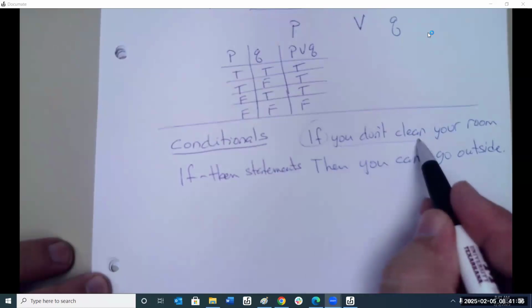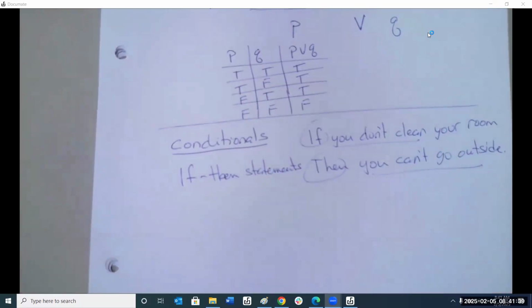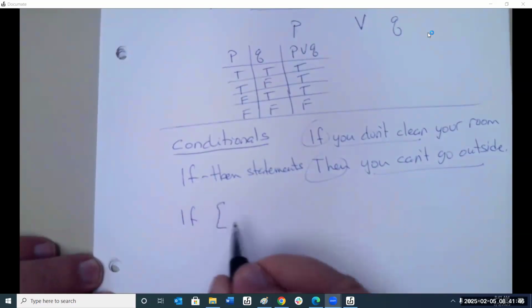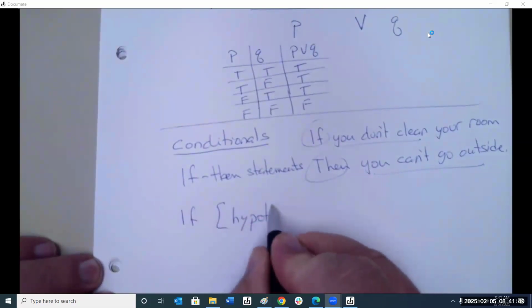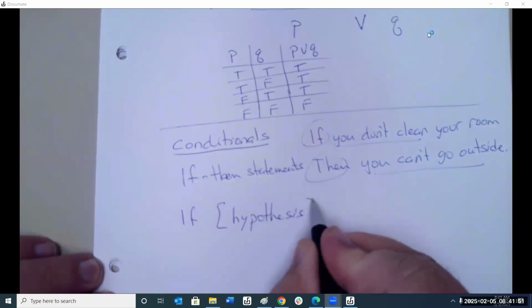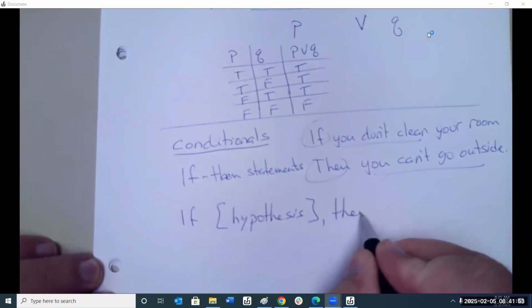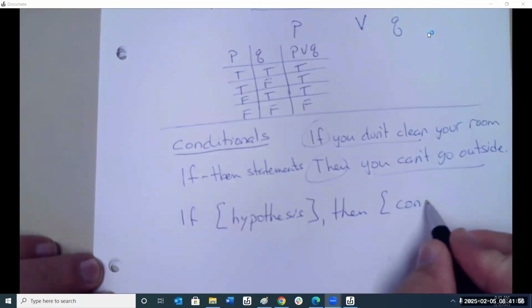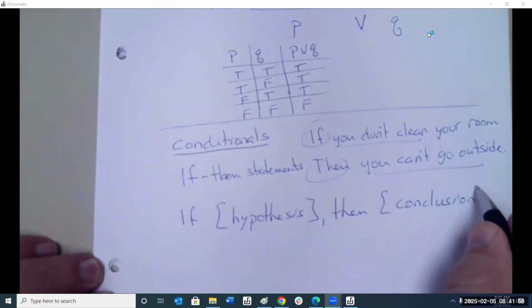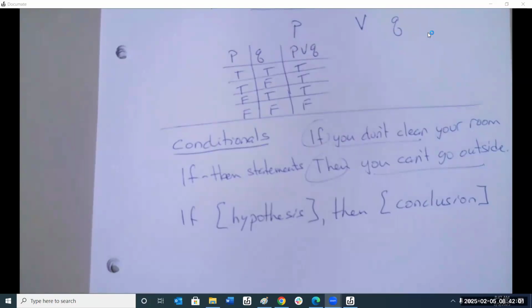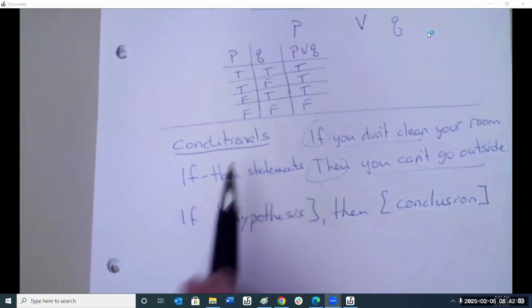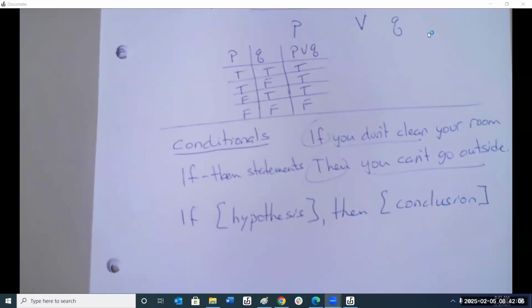If this is true, then this is your reward. So if we have some sort of hypothesis, then some conclusion. That's a conditional statement. Another one we can look at.